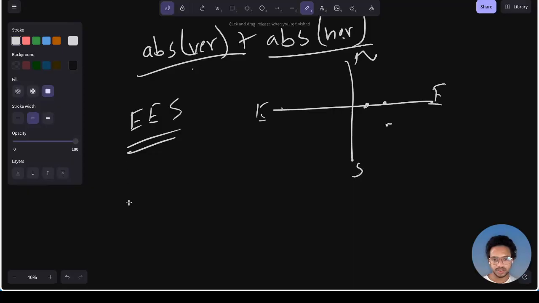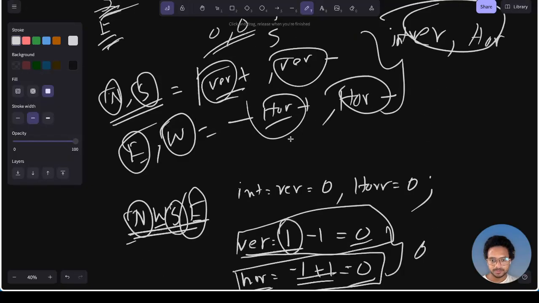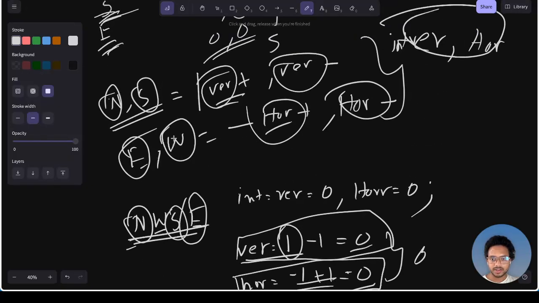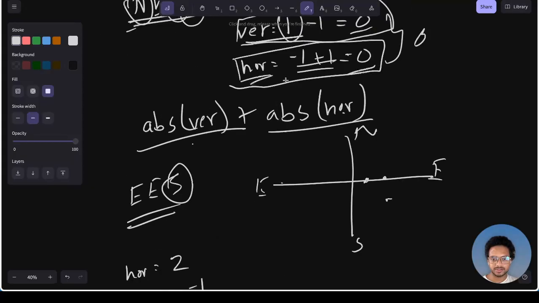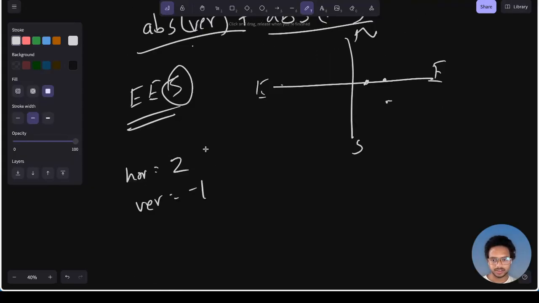So for EE, the horizontal will be 2, and for S, the vertical will be -1, as I already mentioned. Then the distance will be the absolute of horizontal, which is 2, plus the absolute of vertical, which is 1. Then the distance will be 3.